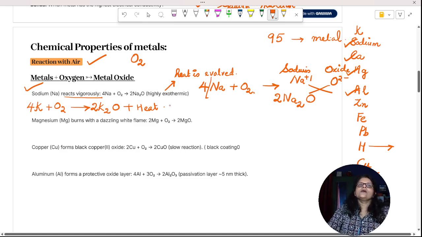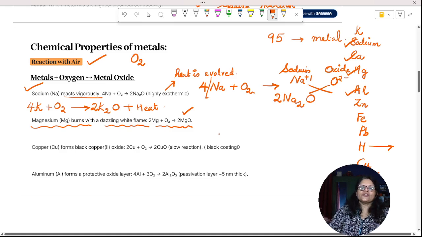Okay. Now, you have both these. Do you remember studying about magnesium oxide, burning of magnesium with a dazzling white flame in seventh standard, and then that product which is formed, you have already studied about it, right?